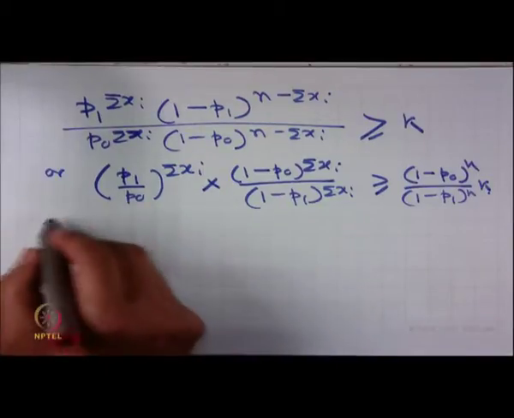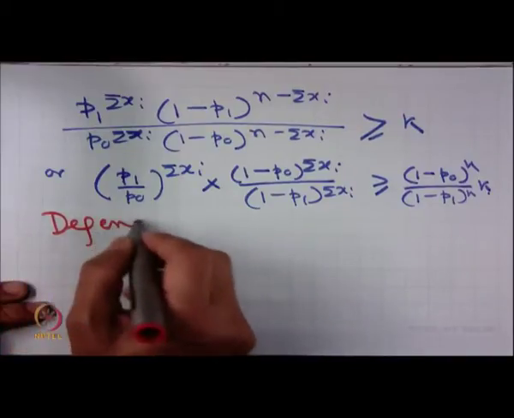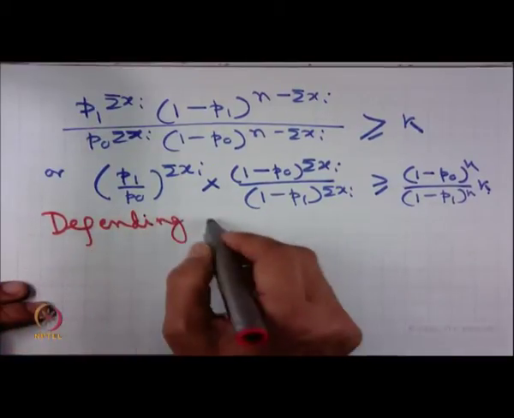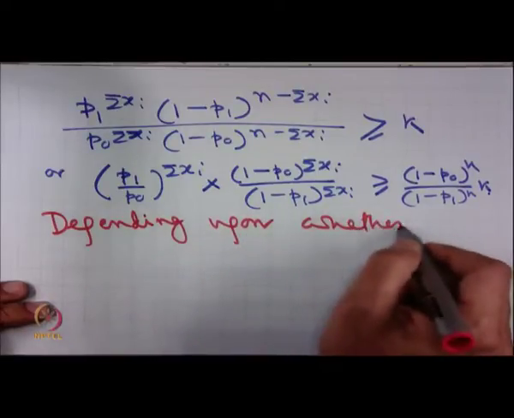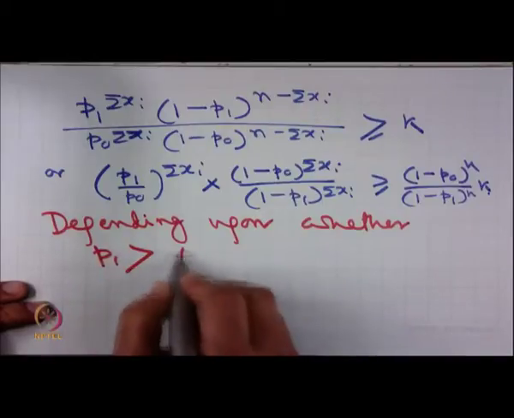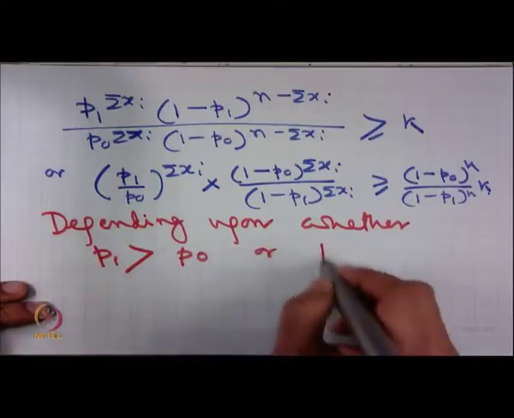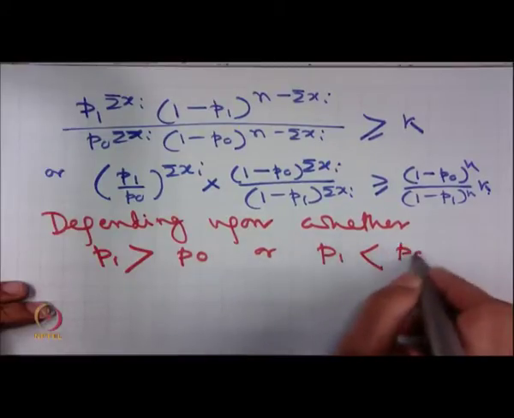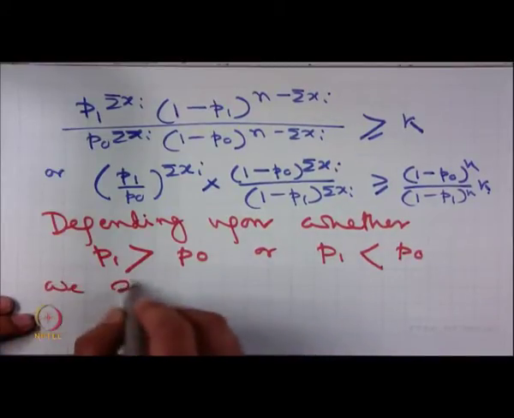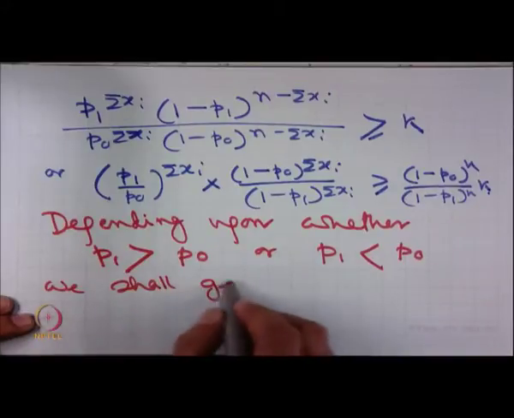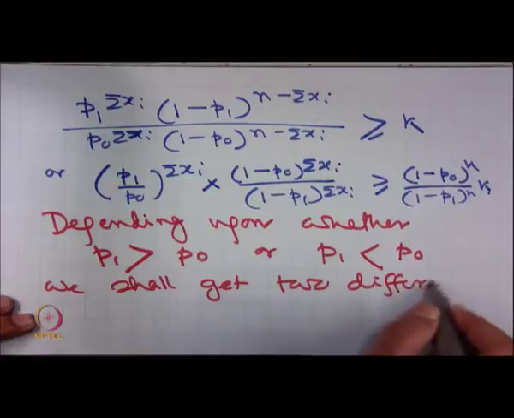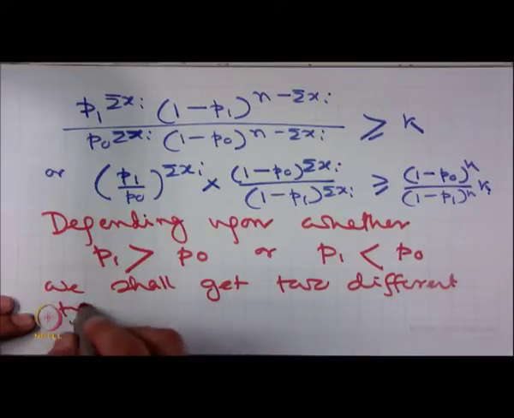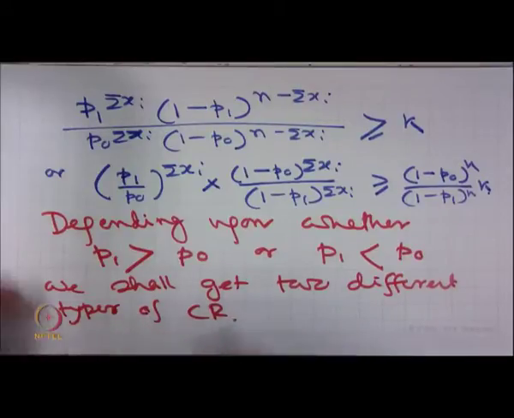So, depending upon whether P1 is greater than P0 or P1 is less than P0, we shall get two different types of critical region.